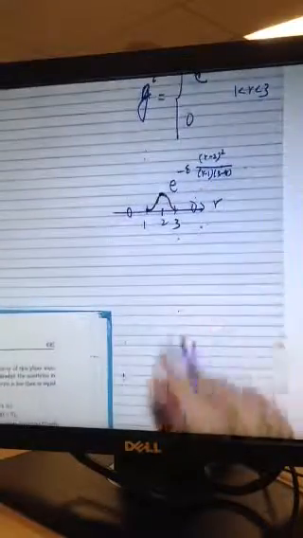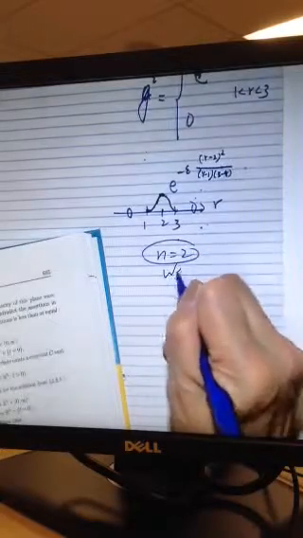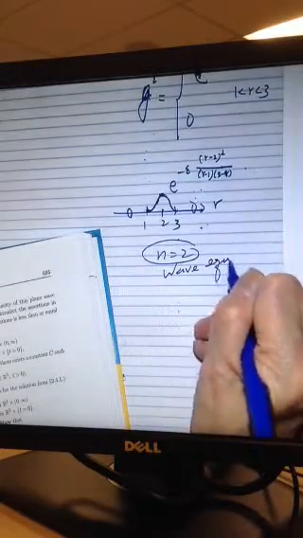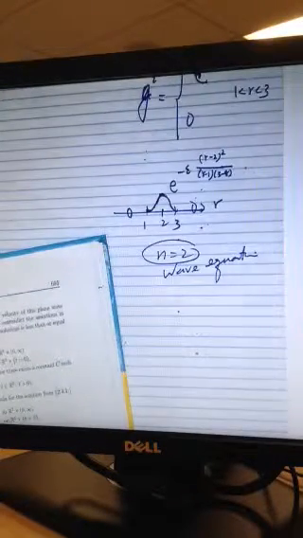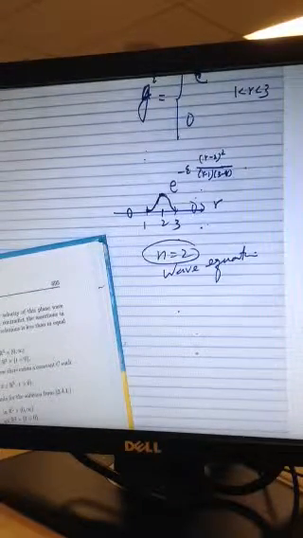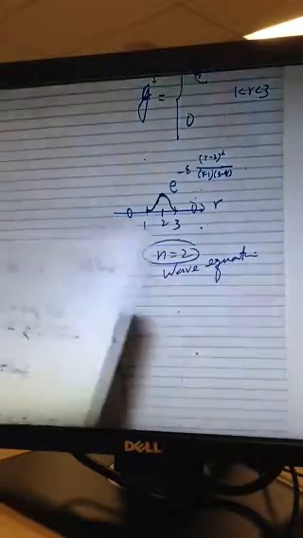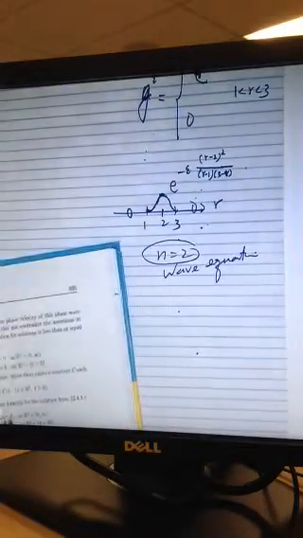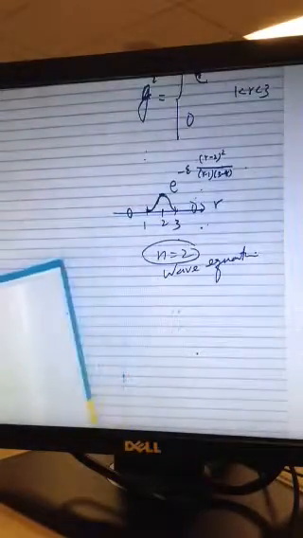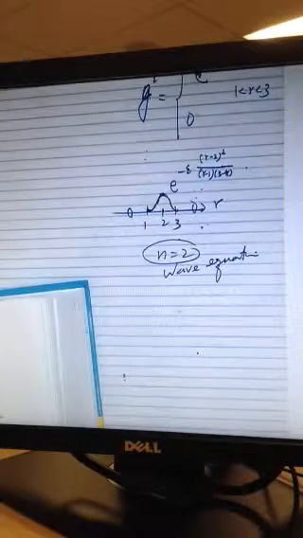Okay, so there's a formula for the wave equation in n equal to 2. I gave you the hint. The formula is on page 27, formula 27.